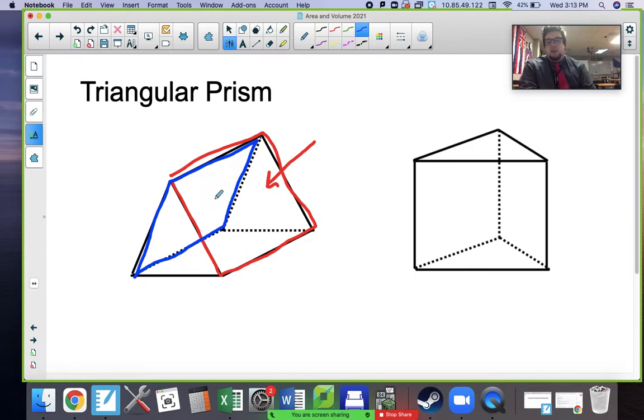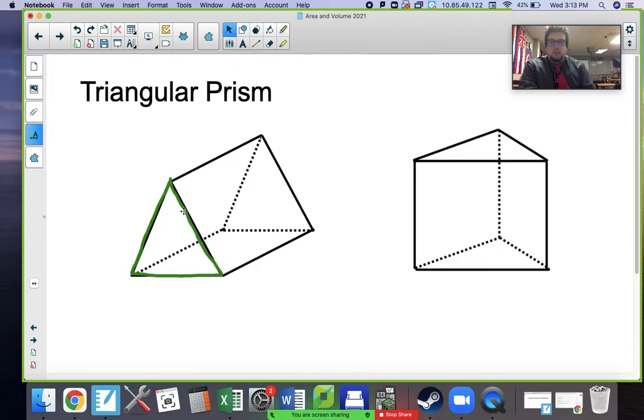But they're not parallel. They're not mirrored directly across. But the other shape, this triangle, has an exact replica of itself on the other side of our problem.